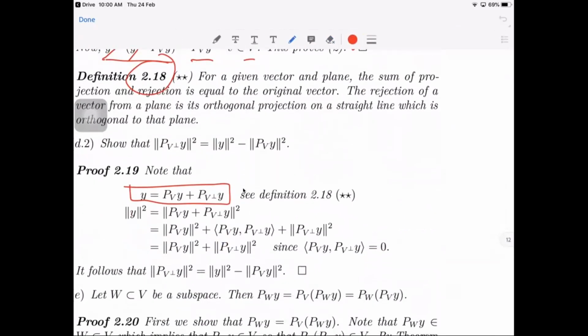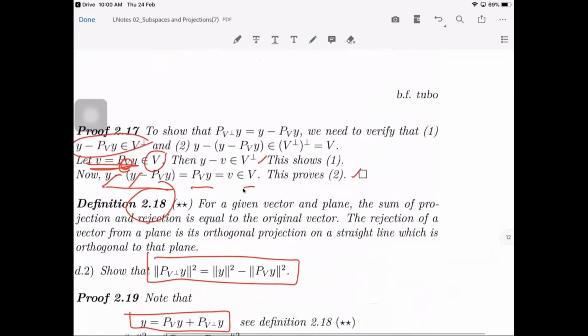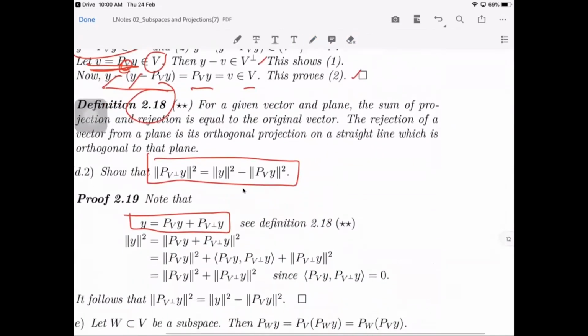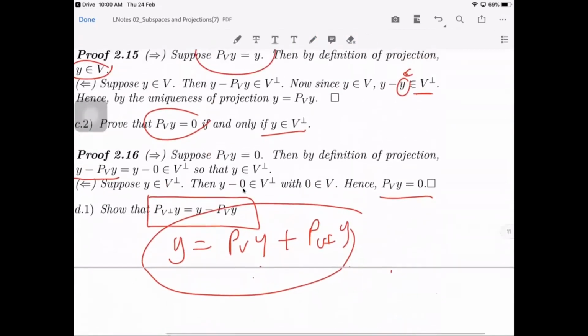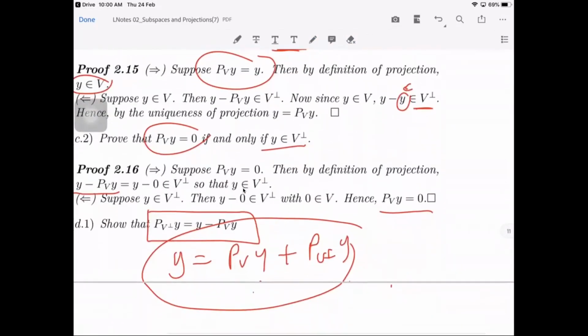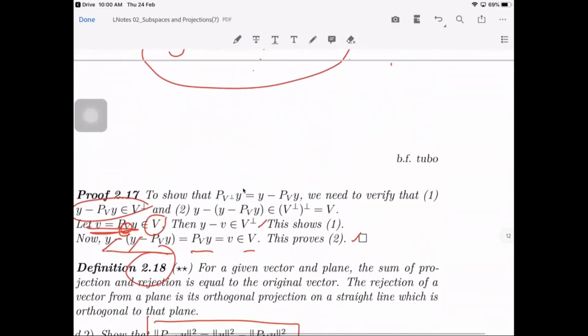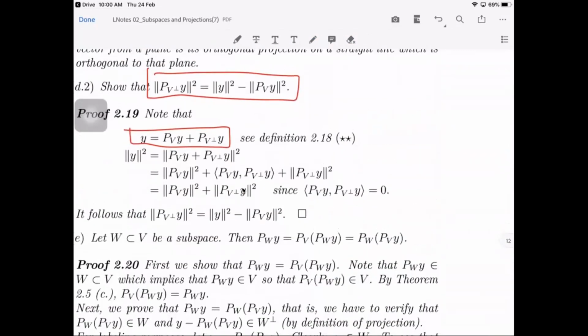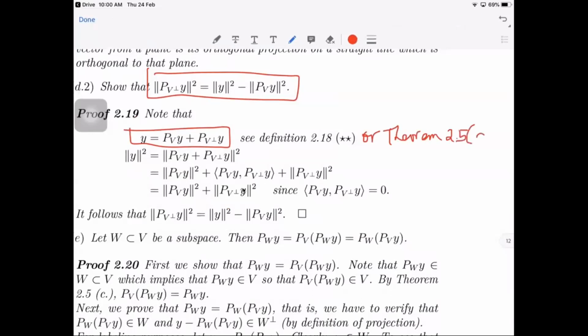So to show this, we will use the result D1, no? 2.5 D1. So, or theorem 2.5 D1.